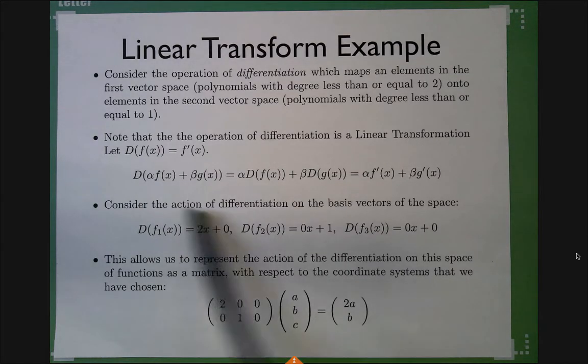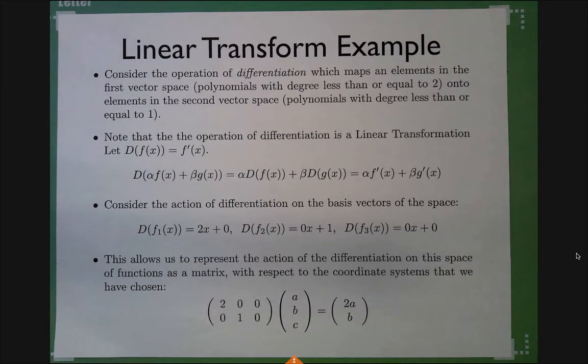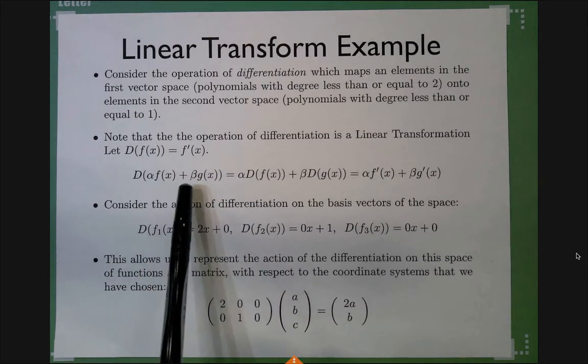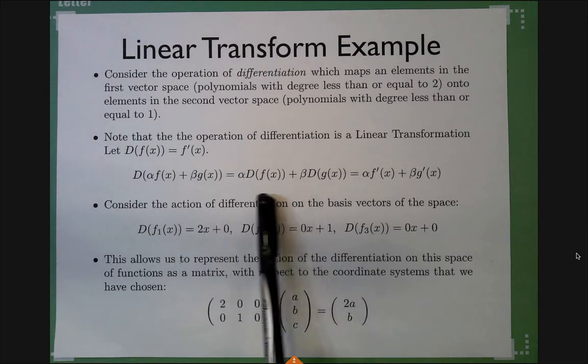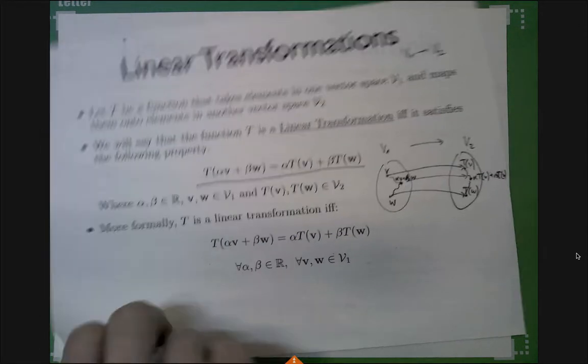If I denote differentiation by d, it means the derivative of f. You hopefully know from calculus that differentiation is a linear operation, and the definition of linearity is the same, so differentiation is an example of a linear transformation.